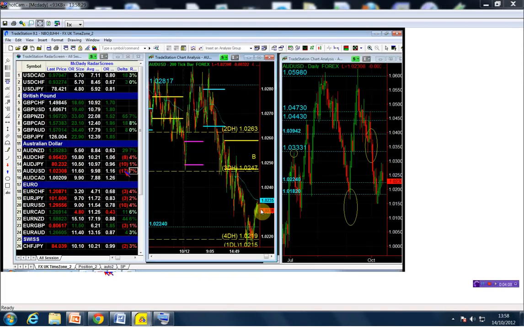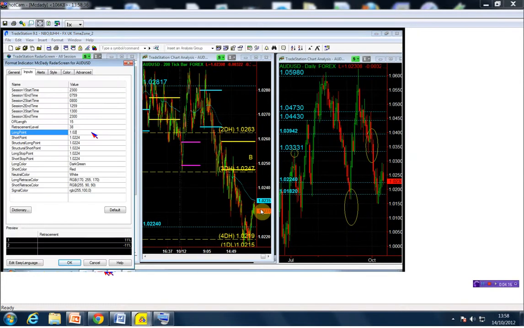It's okay. So my buying point is going to be the 102.47. The next structural point is the 103.31, and my stop is also going to be the 102.24. So my long stop and my short stop is the 102.24.